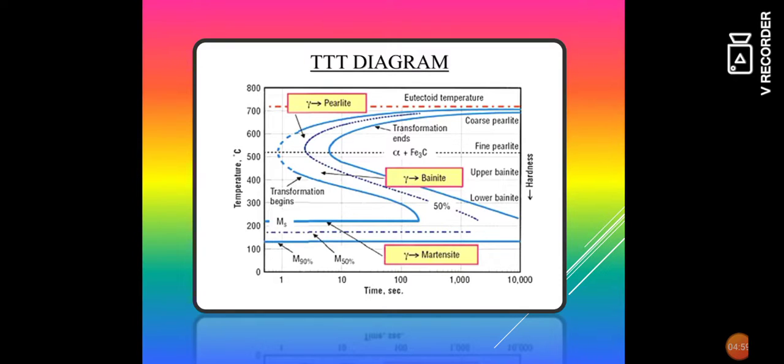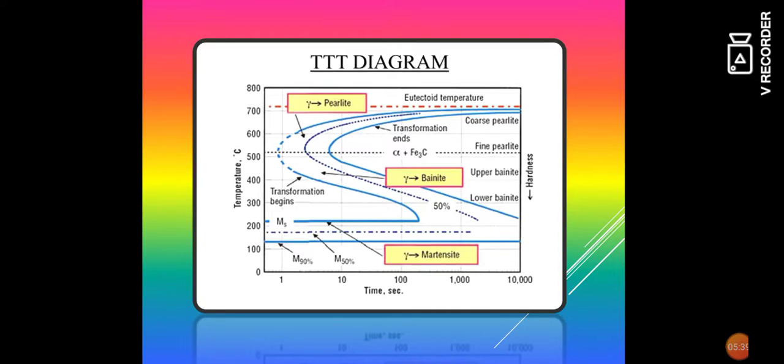At this temperature, when the material is held for some time, the pearlite is slowly changed into bainite. That means at about 300 degrees centigrade, the pearlite is slowly transformed into bainite. Further decreasing the temperature, when it reaches about 100 degrees centigrade and the metal is held for some time at this constant temperature, the bainite is slowly transformed into martensite, which is the lower temperature phase of the eutectoid alloy.